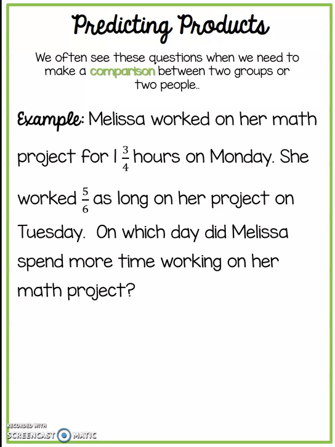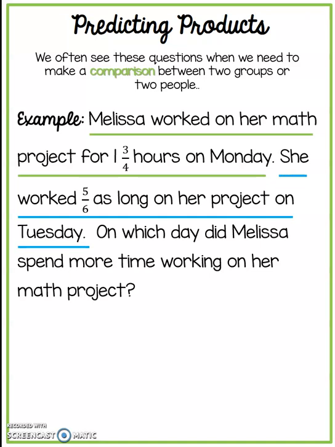Okay, so let's go line by line and kind of digest this. First, it tells me that Melissa worked on her math project for 1 3/4 hours on Monday. Then it says she worked 5/6 as long on her project on Tuesday. That means if I wanted to know exactly how long she worked on Tuesday, I would need to multiply 1 3/4 times 5/6.